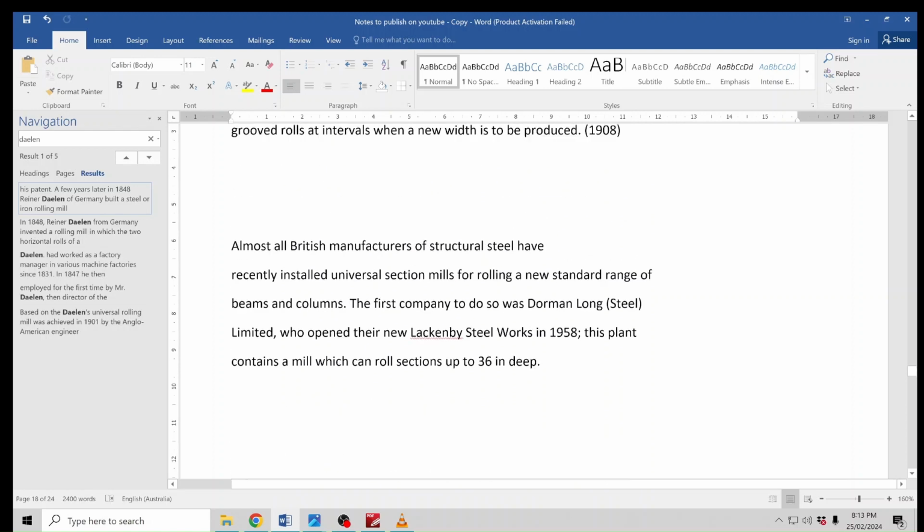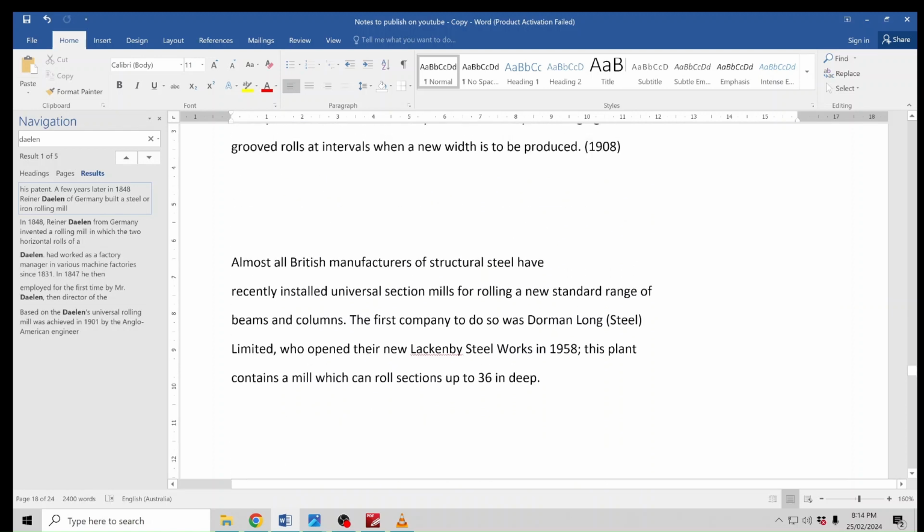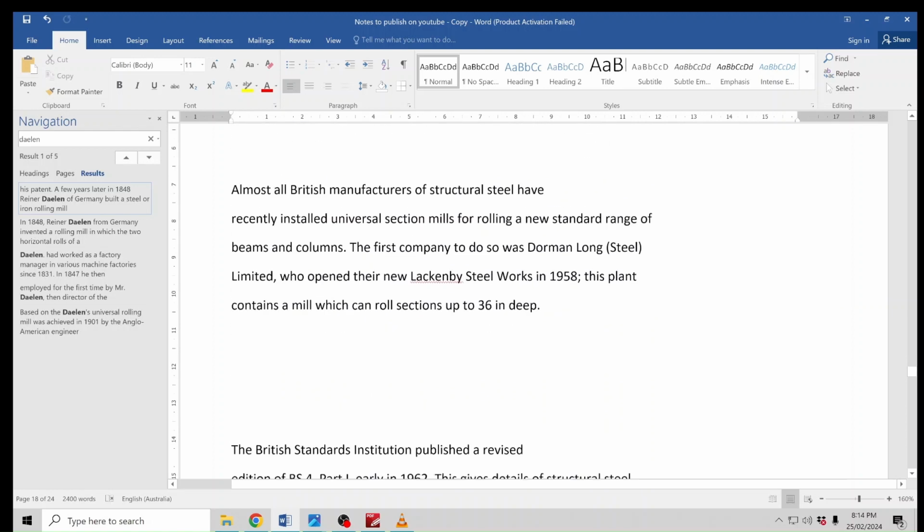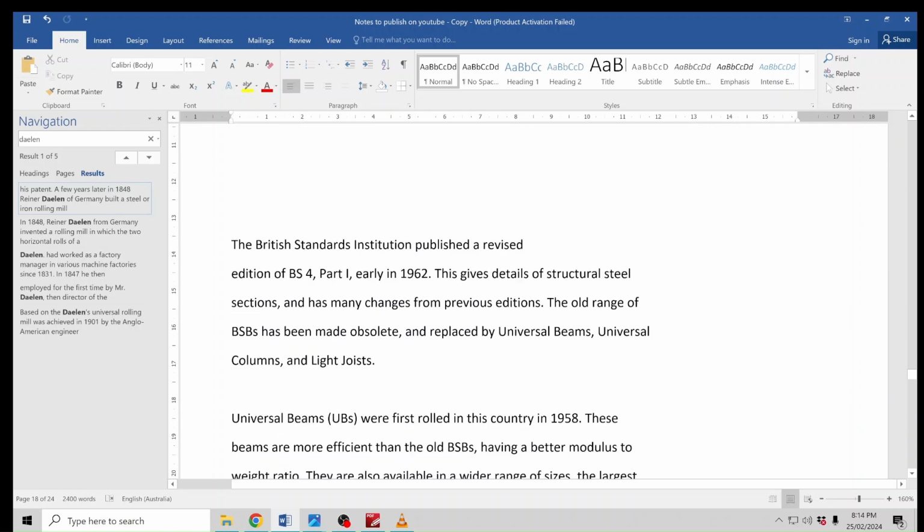But what ends up happening around the late 40s, early 50s is they start to use universal beams and columns. So the British Standards Institution published a revised BS4. British Standard 4, one of the very first ones, specified all the girders and joists and stuff.